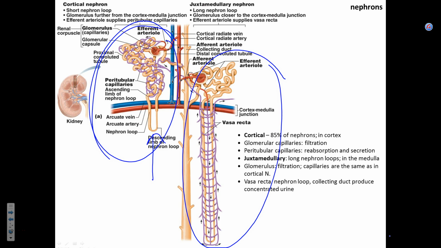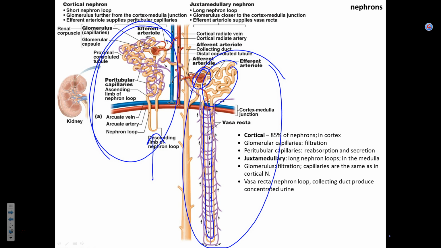Juxtamedullary. Medulla. Juxta, what does that mean? Next to. Yes. So next to, it's like almost entirely in the medulla. Look at this. It has an enormous nephron loop, okay? And the convoluted tubes and the glomerulus are located in the deep cortex, very close to the medulla. That makes sense?